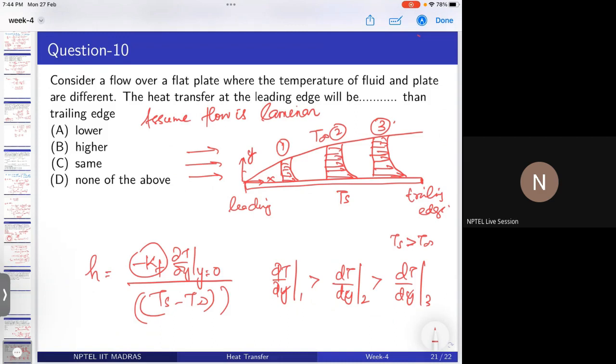That's why I specified laminar. There will be a jump in the turbulent regime, which we will study in due course. Otherwise, we can just refer to some textbook also.